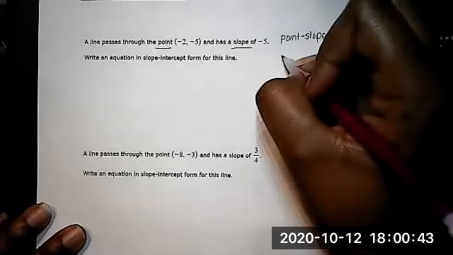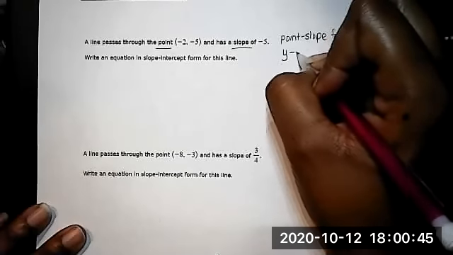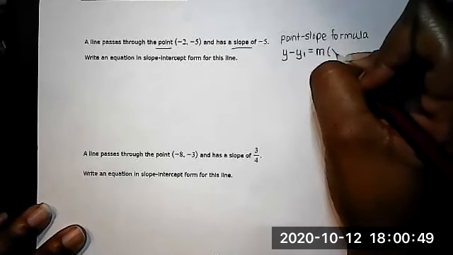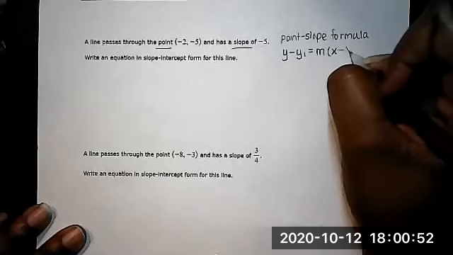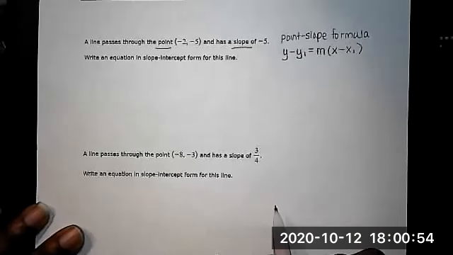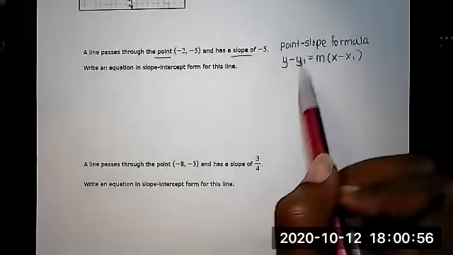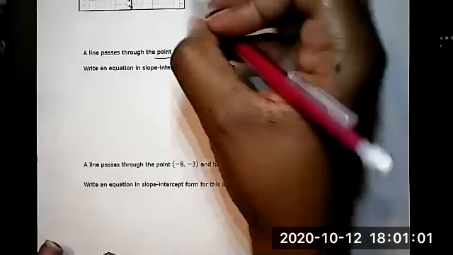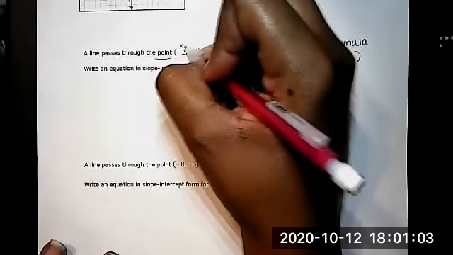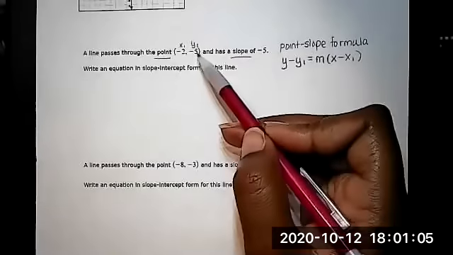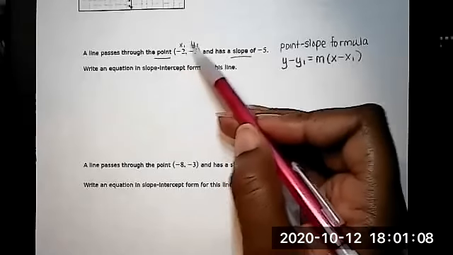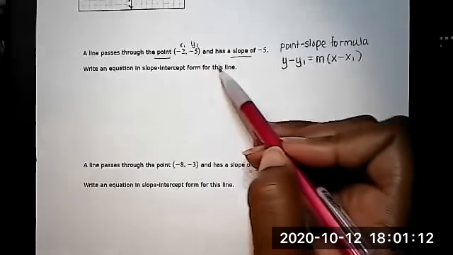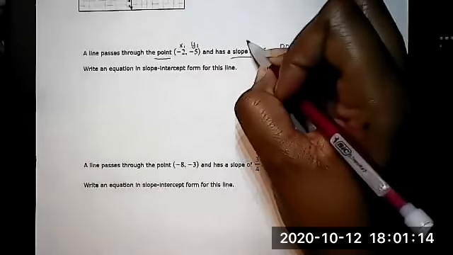And point-slope formula is y minus y1 equals m times the quantity x minus x1, in parentheses. So you're going to use your point as an x and a y. You know that. So each point has an x1, y1, okay? So each point has an x and a y. So this would represent x1, this will represent y1. And for slope, that represents, of course, m.